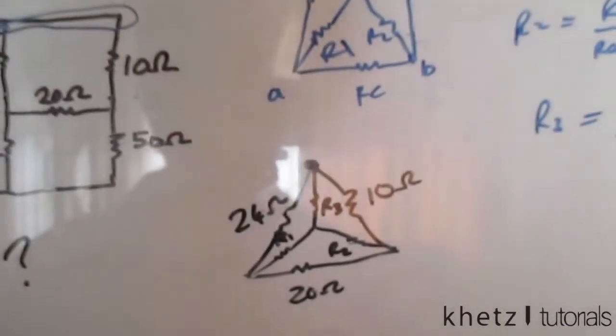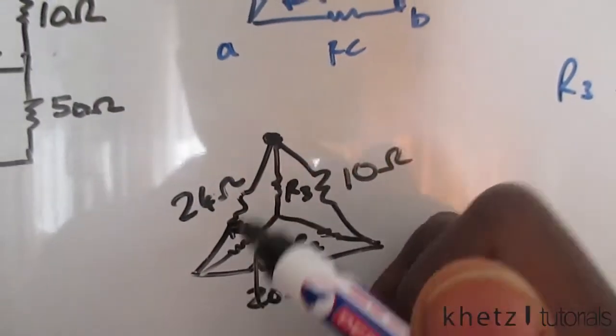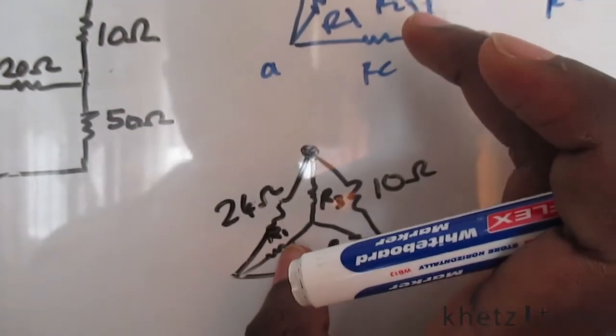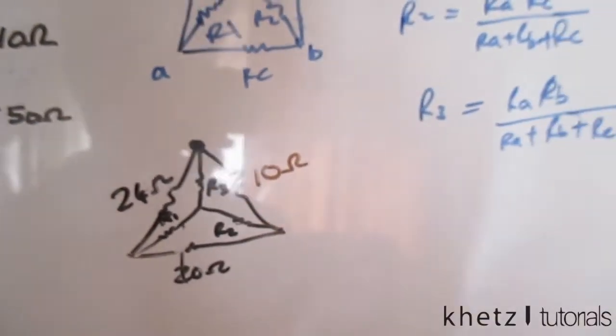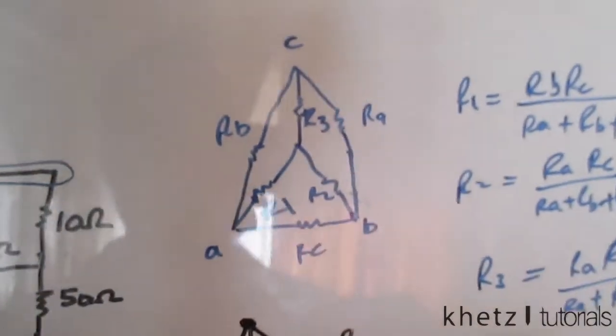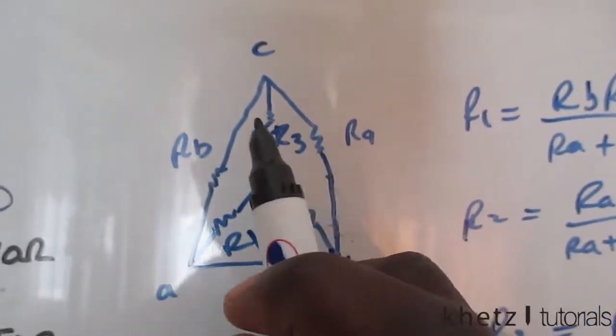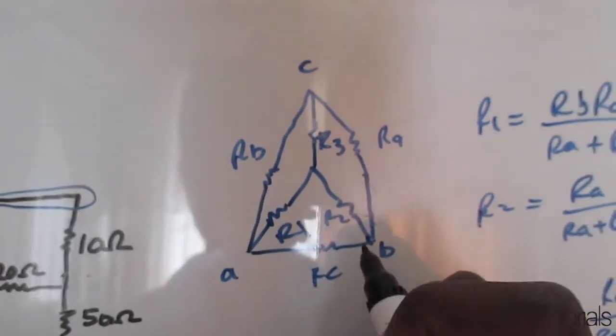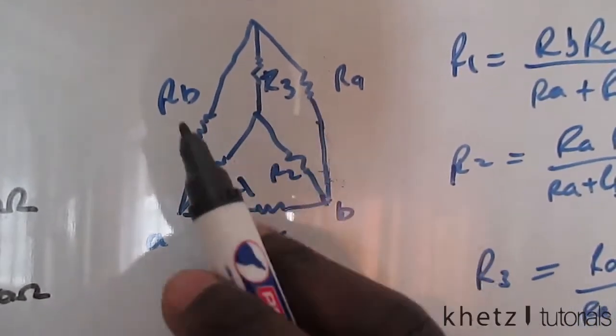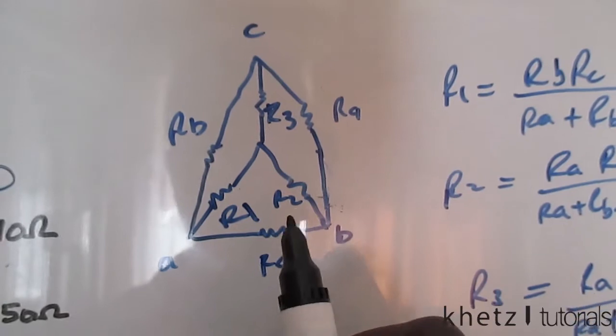So let me show you a trick which I use to remember how to find the resistors in the Y network. These are labels which I put on a random delta network.